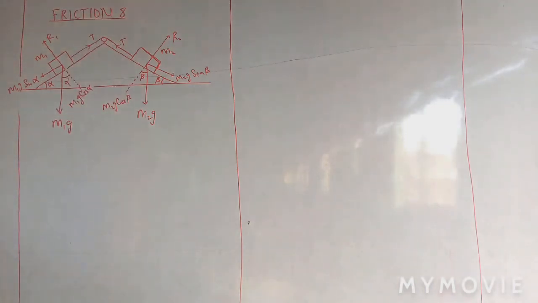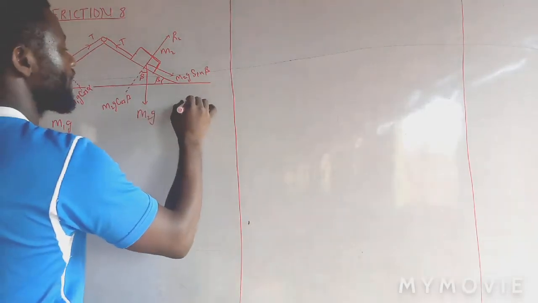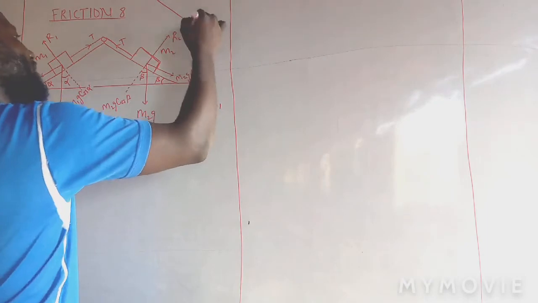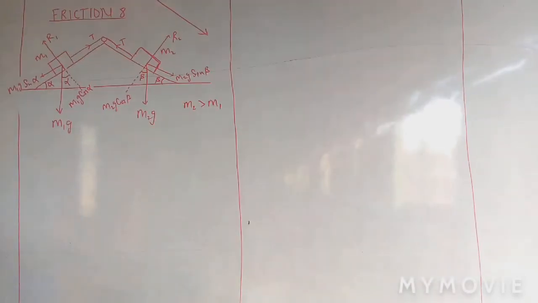So, with this diagram now, we can then explore how to find the acceleration of the two bodies. If we assume that m2 is greater than m1, then the acceleration is towards this direction.